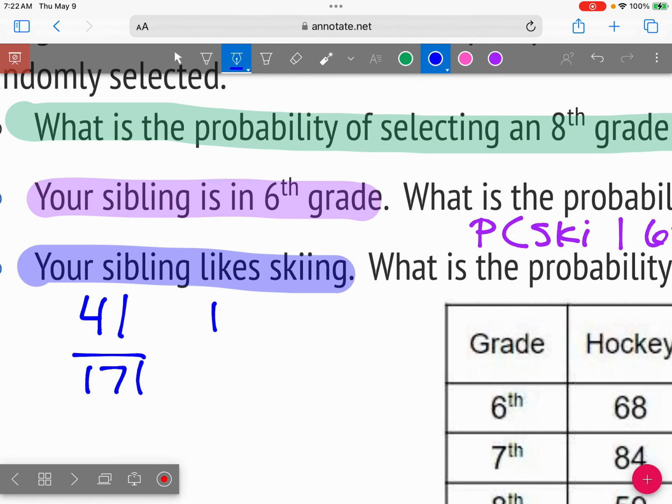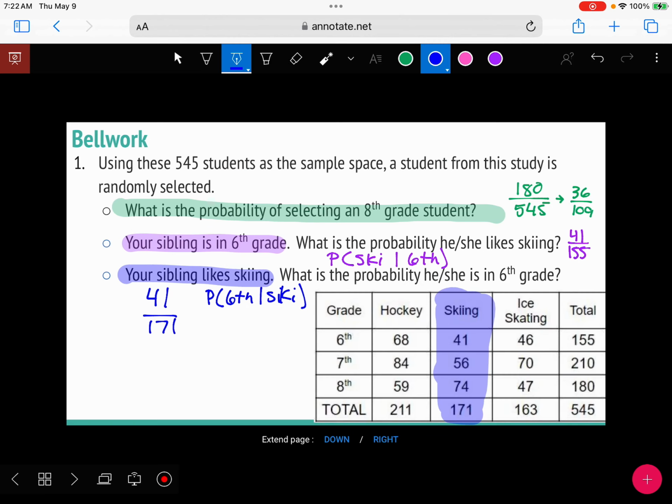And this one is probability of 6th grade if I know they like to ski. So it's a very subtle difference. All it does is switch the 2 things. Okay? Questions about any of these?